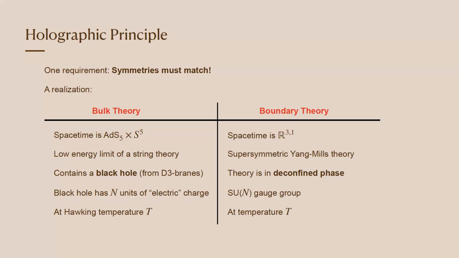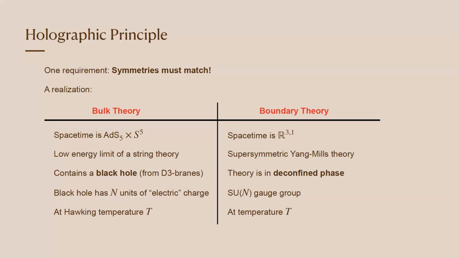Okay, so in a particular realization, the bulk theory is AdS5 times S5, okay, and on the boundary, the theory is in Minkowski space. The bulk theory is the low energy limit of string theory.